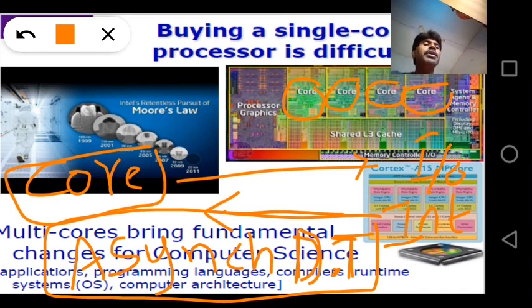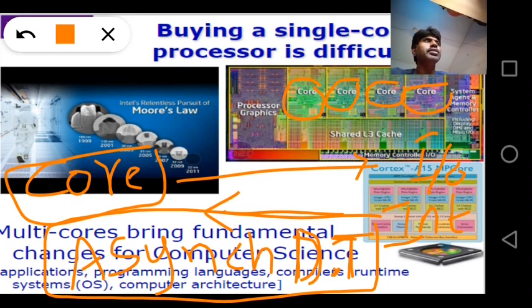You know why? The reason is that the speed of the I/O interface is very low when you compare it with the speed of the core processor element.